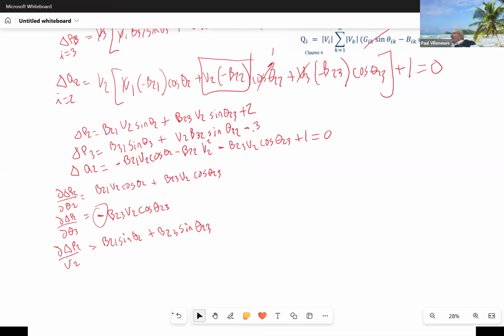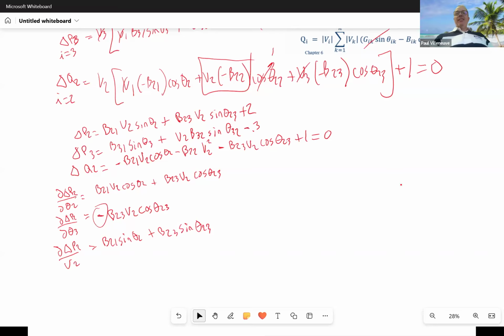Anybody? Say more. You want to know that it's beta 23 would be complement beta 32? Sort of, but not exactly. It's a calculus thing, right?